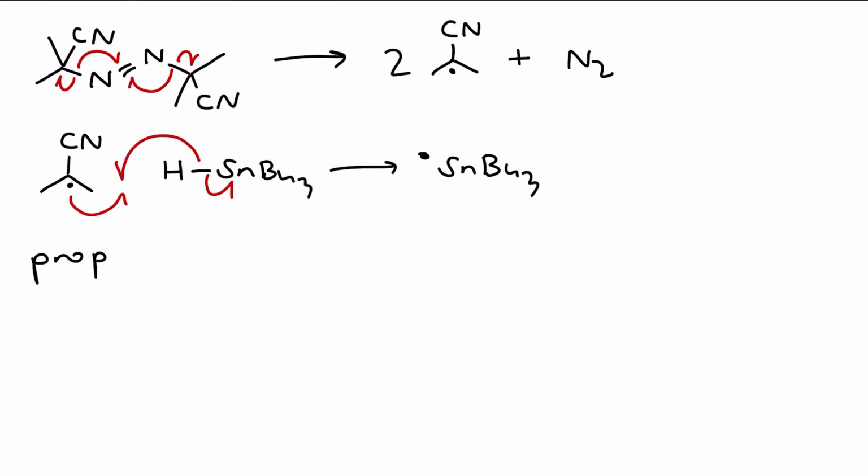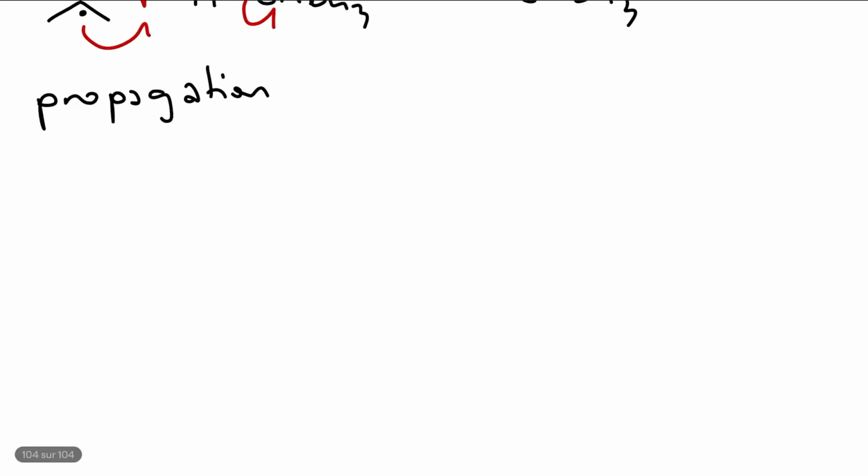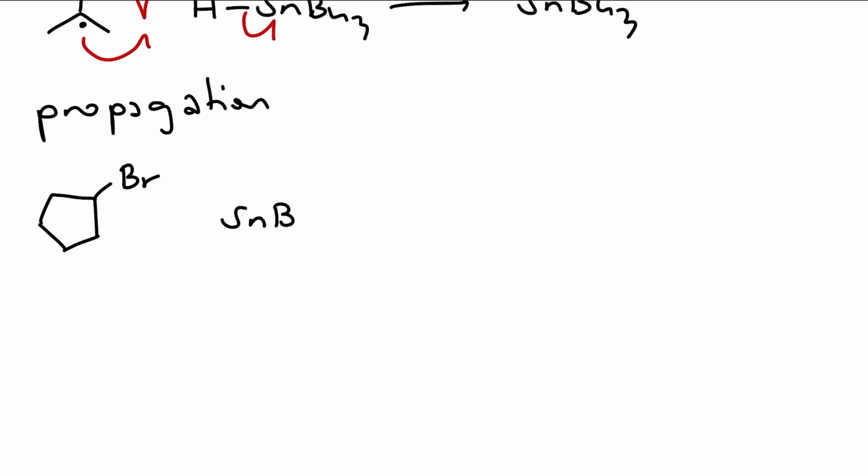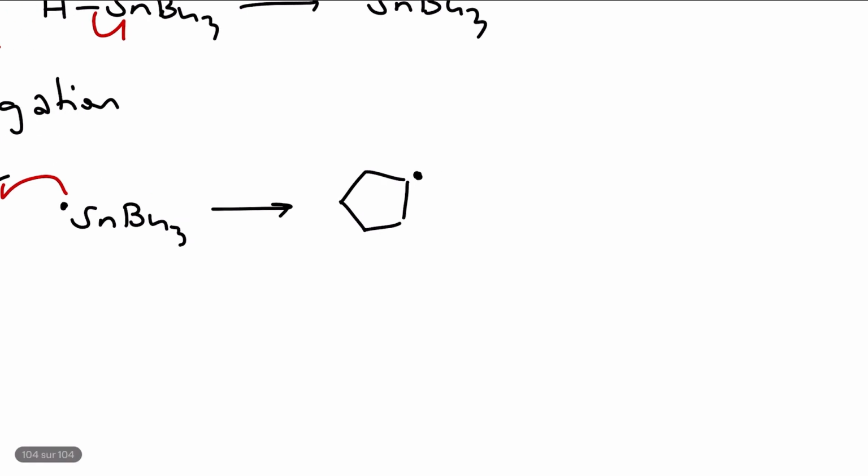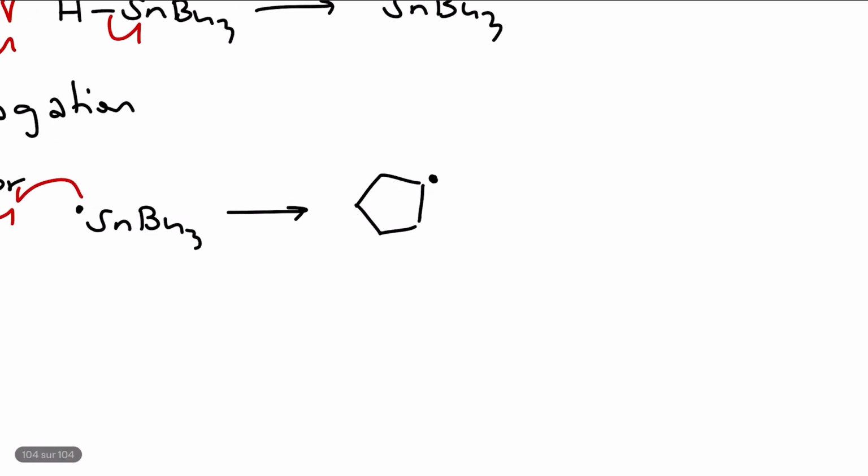So we have the haloalkane, which in this case is a bromocyclopentane, coming into contact with the tin radical. The same thing follows: you get the alkane radical, and then another molecule of tributyltin hydride comes into the reaction and grabs one of its protons. Grabs its only proton, right?